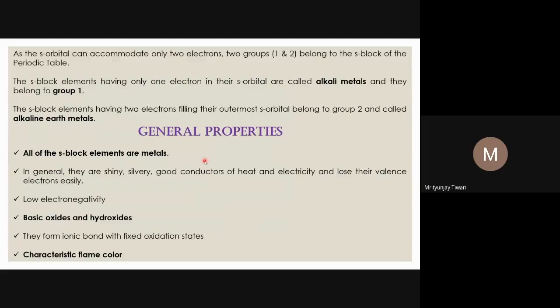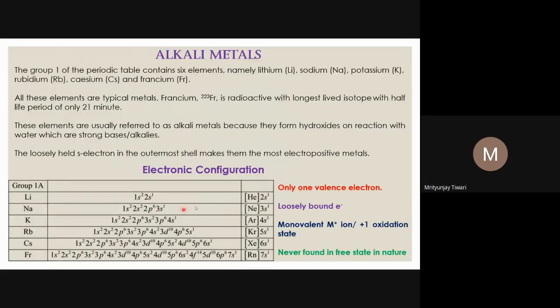Later on, we started with the alkali metals, and we saw that all the alkali metals have an outermost electronic configuration like this: the electronic configuration of a noble gas followed by ns1 electron. The noble gas, then ns1: 2s1 in the case of lithium, and then neon 3s1.